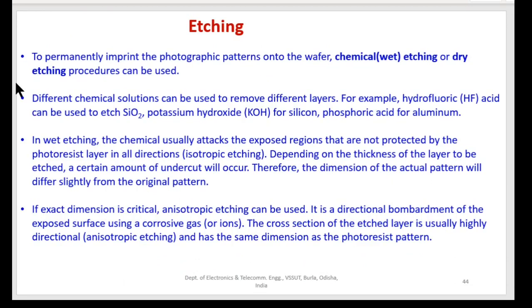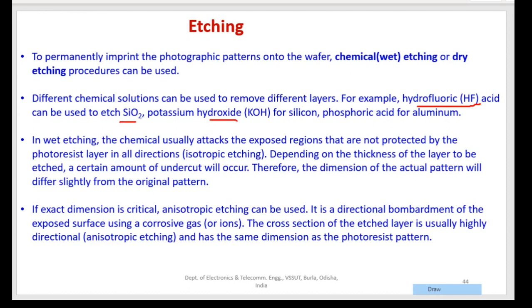So like this, to permanently imprint the photographic patterns onto the wafer, chemical wet etching or dry etching procedures can be used. So again, there are two types of etching, wet and dry. Okay. So different chemical solutions can be used to remove different layers. For example, hydrofluoric acid, HF acid, can be used to etch out SiO2, right?